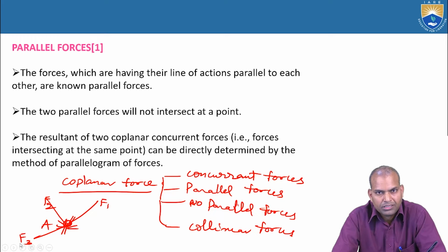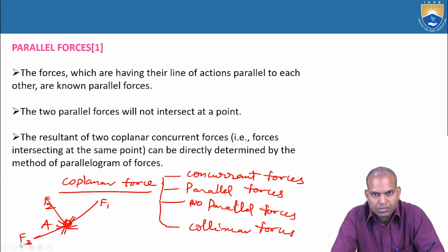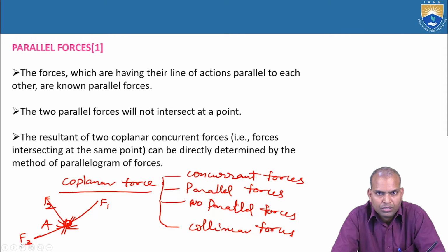We have calculated the resultant of the coplanar concurrent force system. When more than two forces are acting on a particle, we have to use the concept of resolution of the forces. By using the concept of resolution of the forces, we divided the force F1 into horizontal and vertical components, F2 into horizontal and vertical, F3 into horizontal and vertical, rectangular components.